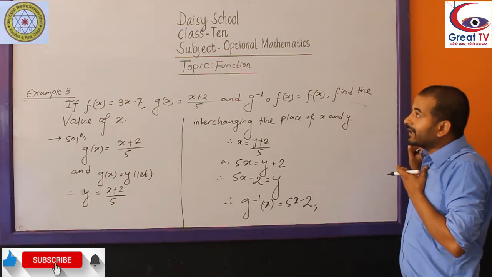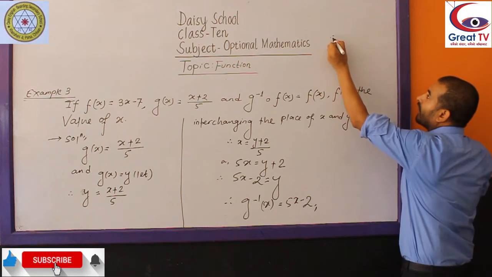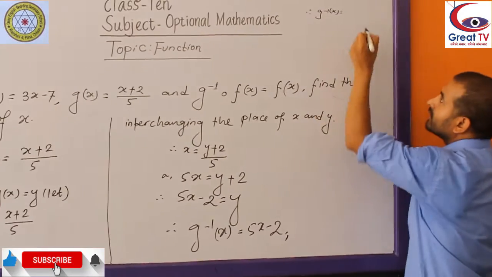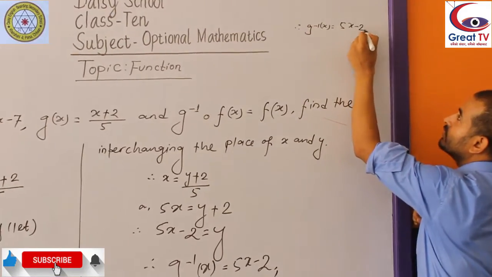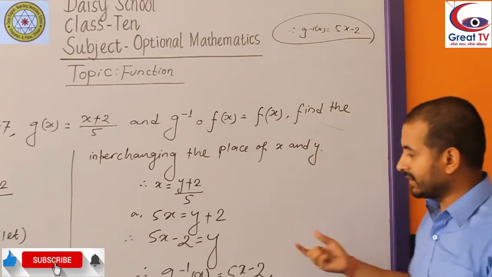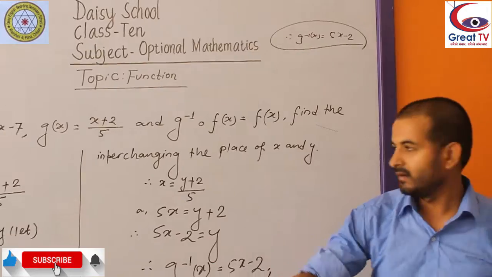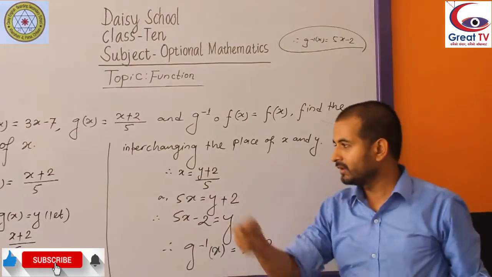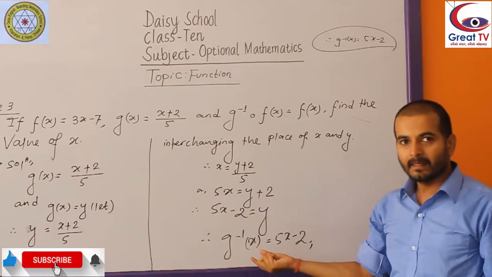So now I will write my result here. I got g inverse of x equals 5x minus 2. I got this because I need to use it later. I don't have much place, so I am going to rub it, but for you, please copy.